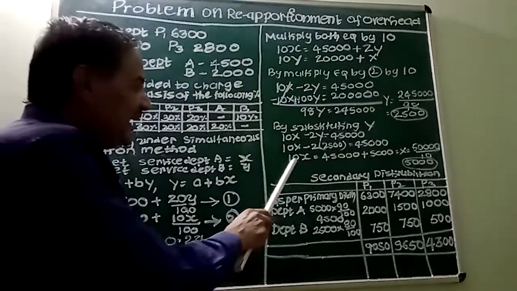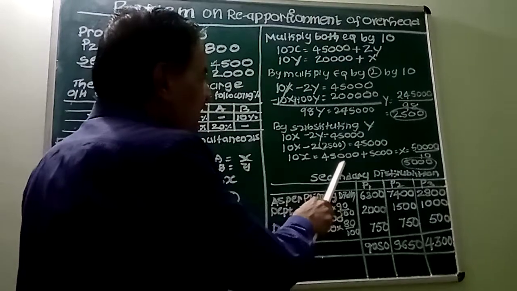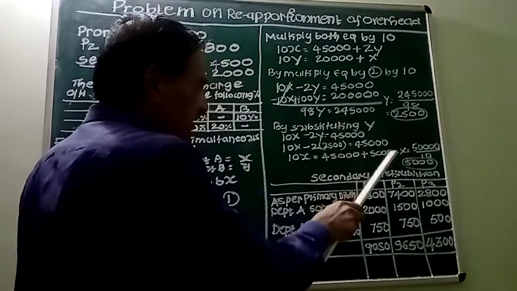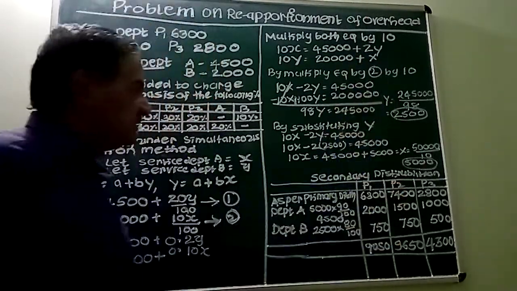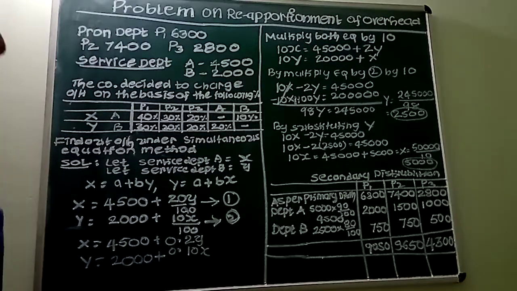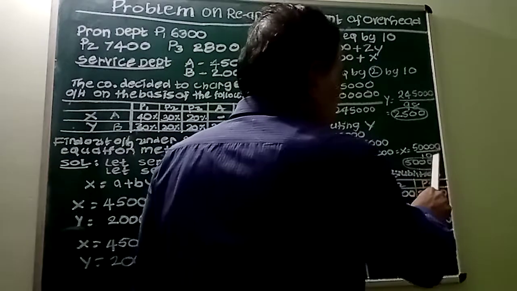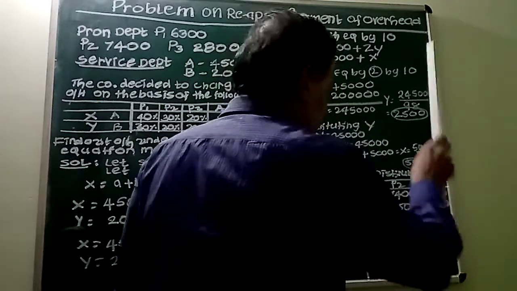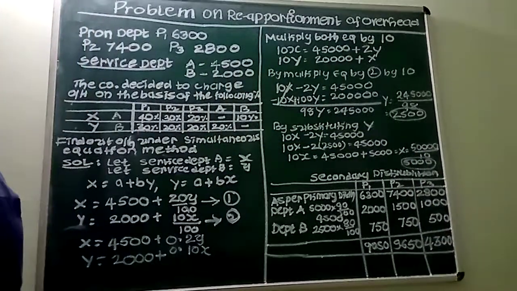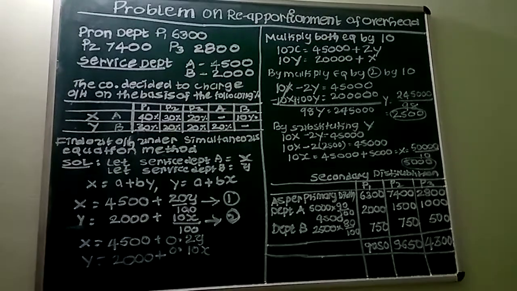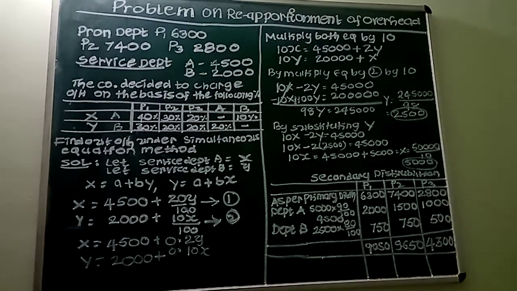Then 10x is equal to 45,000 plus 5,000, that is equal to 50,000. Then x is equal to 50,000 divided by 10, which is 5,000. We have found out the value of both y and x. X is equal to 5,000 and y is equal to 2,500.